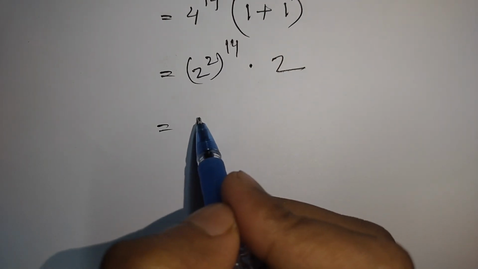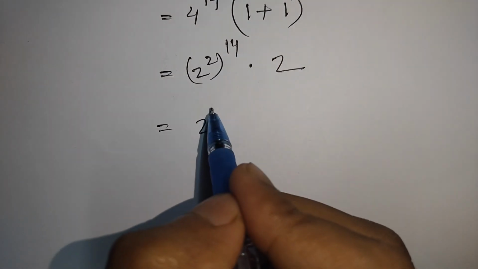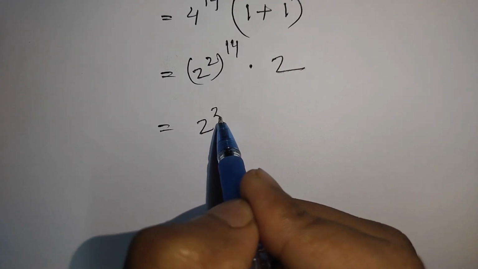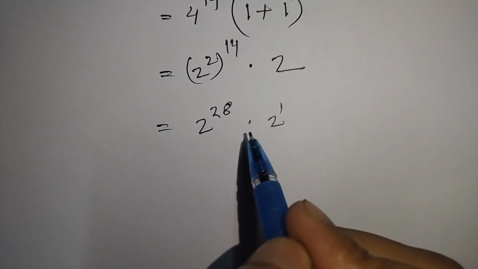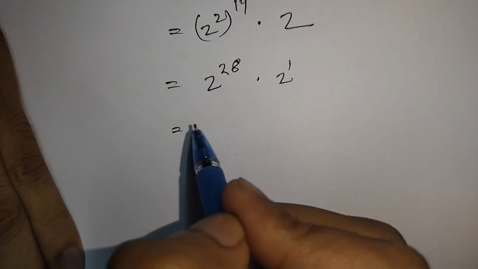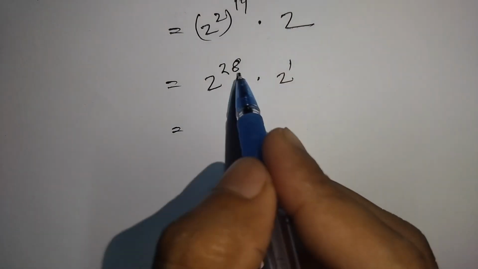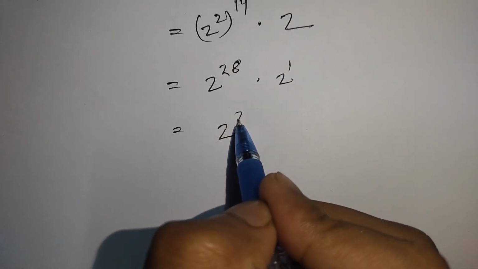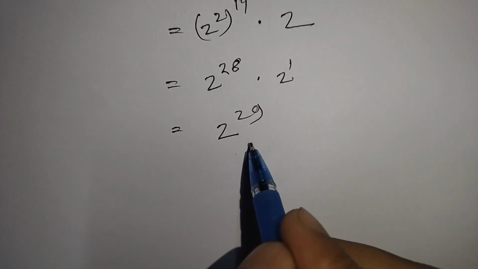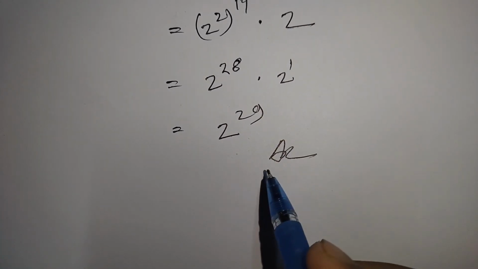Now 2 to the power 2 times 14, that means 28, times 2 is same as 2 to the power 1. Now we see that 2 is the same base but different powers, so we can write here 2 to the power 28 plus 1, that means 29. So 2 to the power 29 is the correct answer.